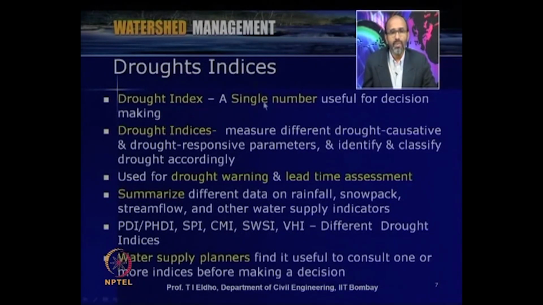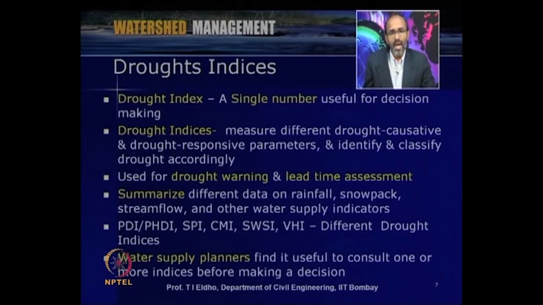There are a number of different types of drought indices available in literature. So, depending upon the type of area and the type of analysis we are looking for, we can choose a specific type of drought index, and then we can do the drought analysis.